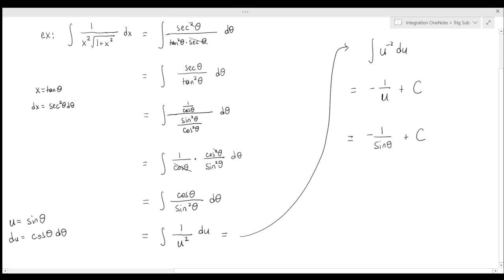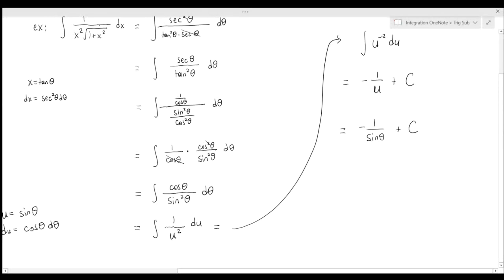Okay. So in order to do that, 1 over sine, we could rewrite that as cosecant.